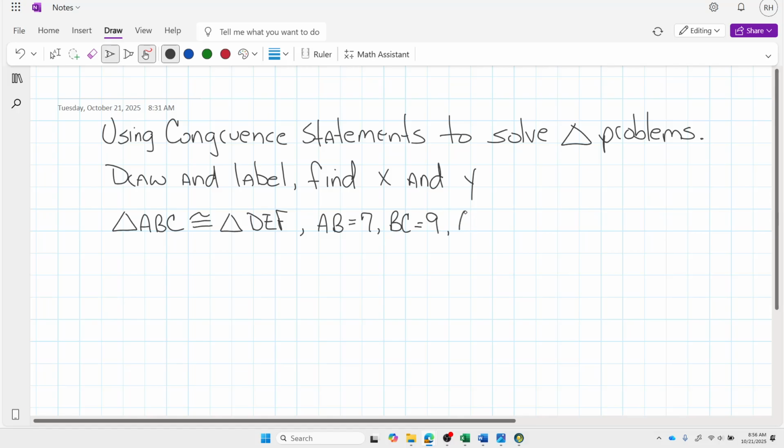AC equals 11 plus X. DF is 3X minus 13. And DE is 2Y minus 5.